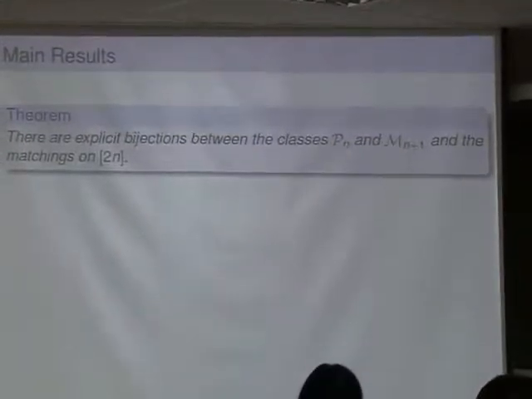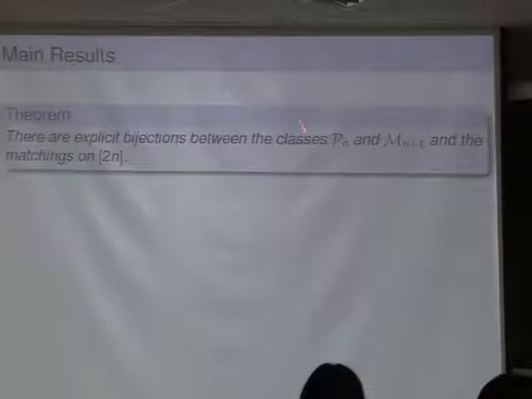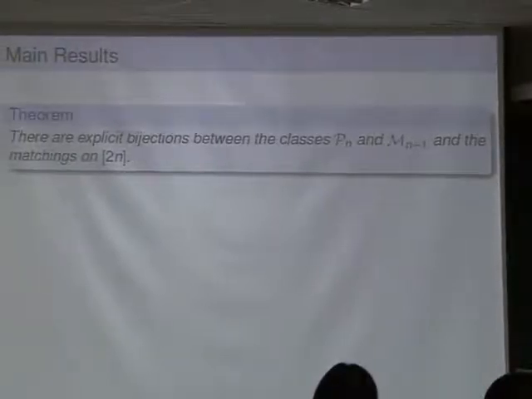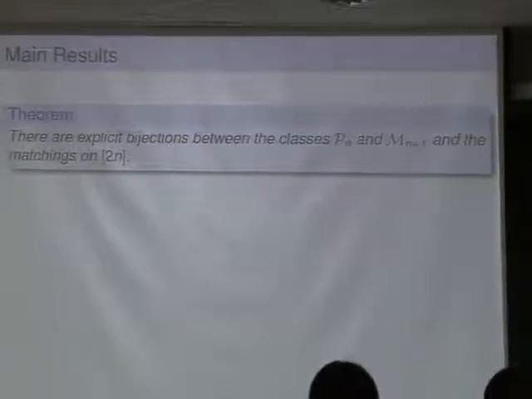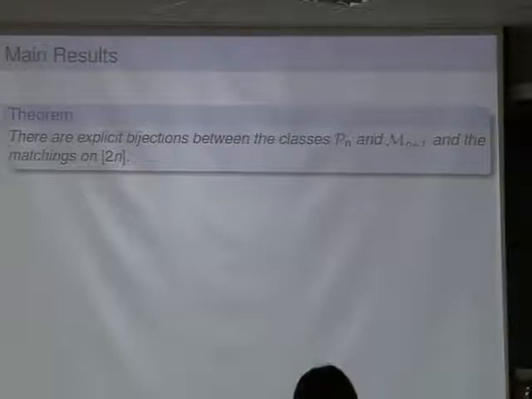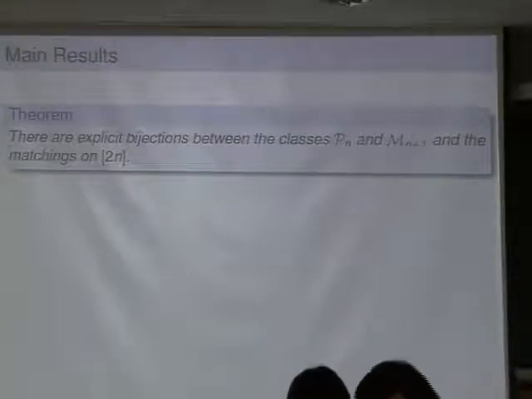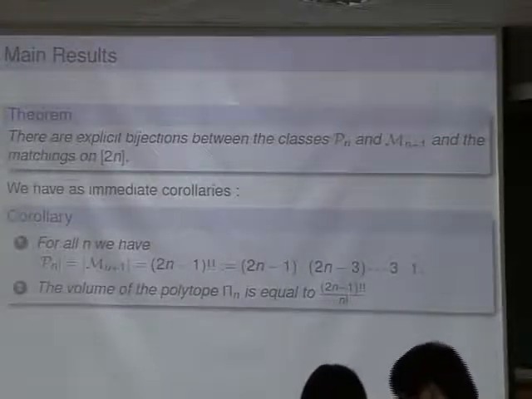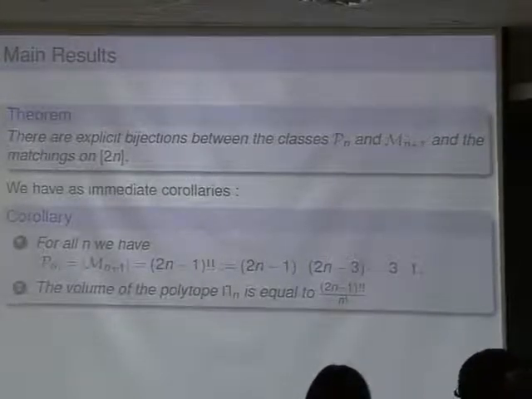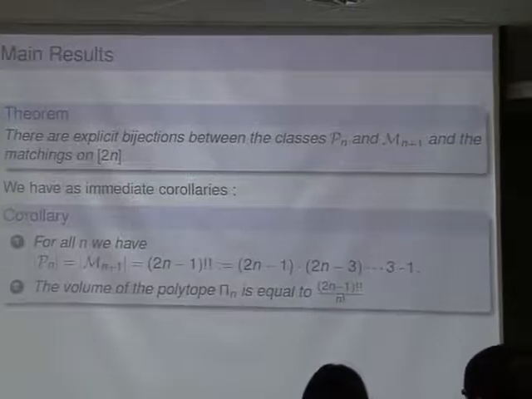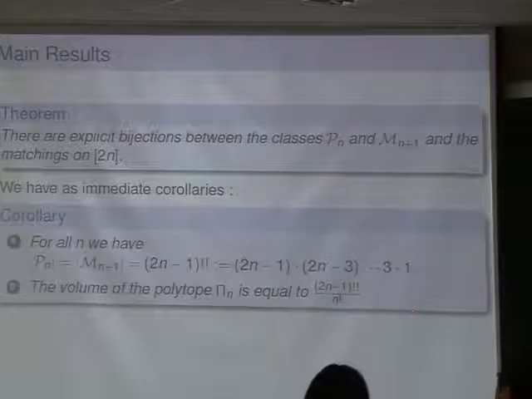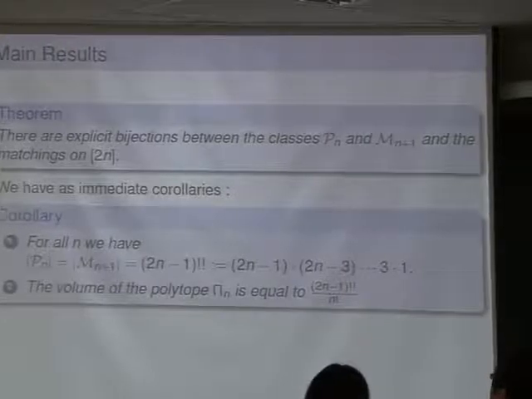This is the main theorem: there is a bijection between the class of positive paths of length n, and also the class of Motzkin paths now of length n plus 1, so we have to take one more point, and the matchings on 2n points. This immediately proves the enumeration that I talked about in the introduction: the volume of the polytope n will be equal to this.